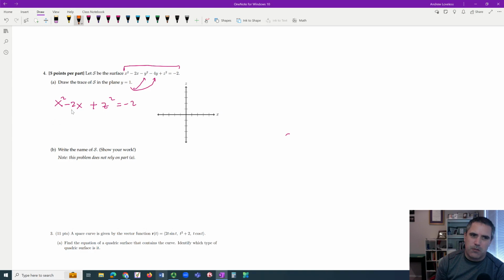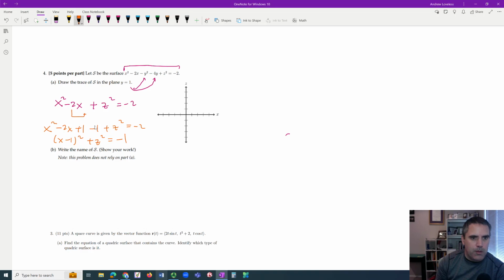Sometimes it's a little easier if you complete the square. 1/2 of that squared would be 1. So x squared minus 2x plus 1 minus 1, plus z squared equals -1. This is not actually necessary, but I'm just doing it real quick. Draw the trace.